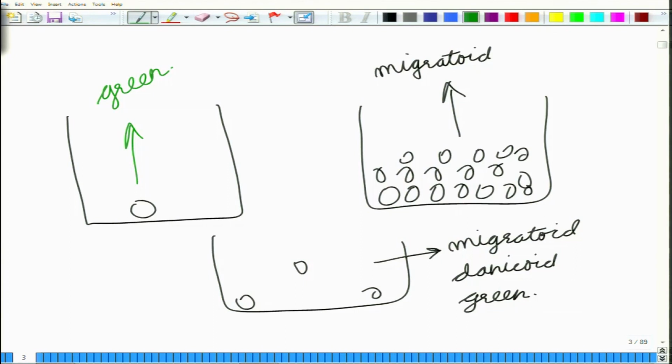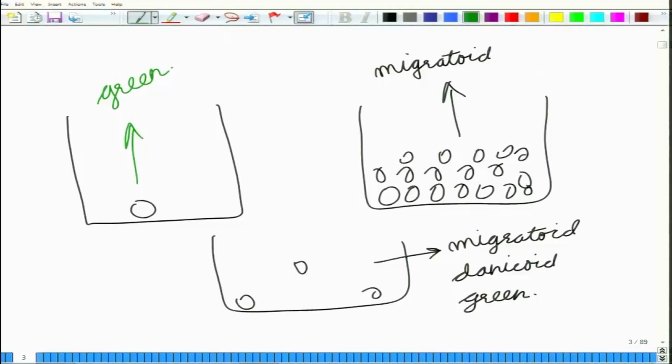Now, what are we getting to here? If you keep these organisms at a very low density, so there is just one organism that has plenty of space to itself, it becomes a green colored variety. If it is kept in a very high density, it invariably becomes a migratoid variety, and if it is kept in an in between condition, then you get all these 3 different varieties.